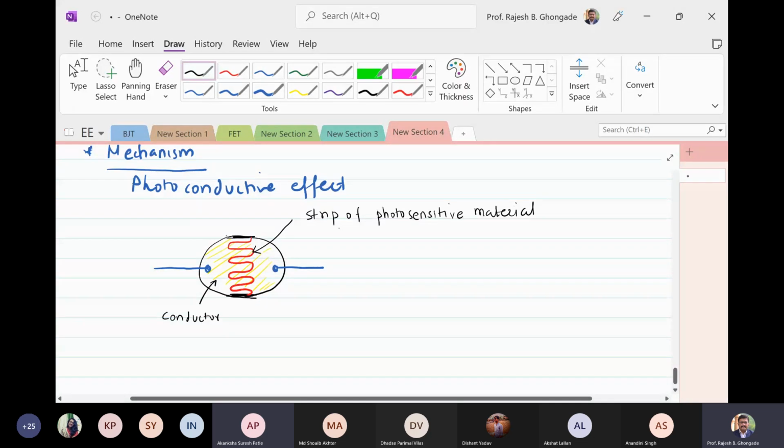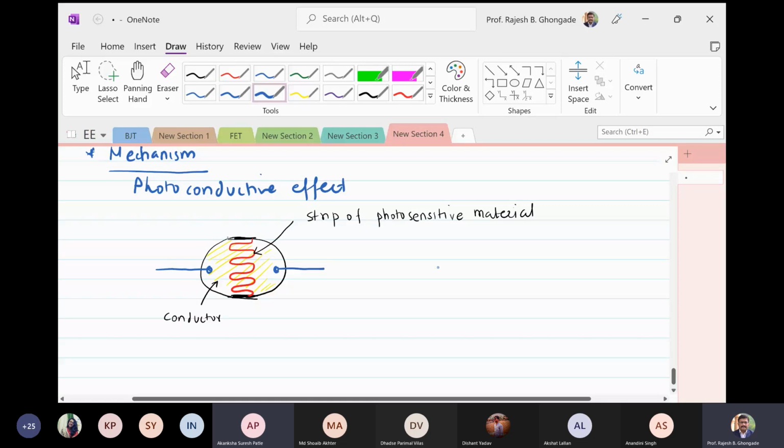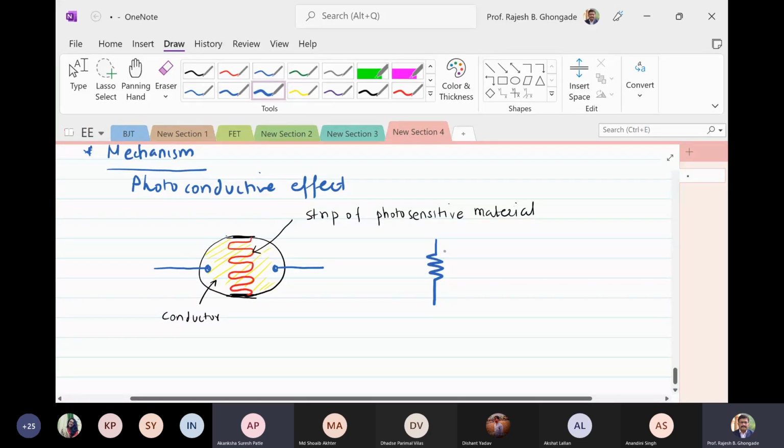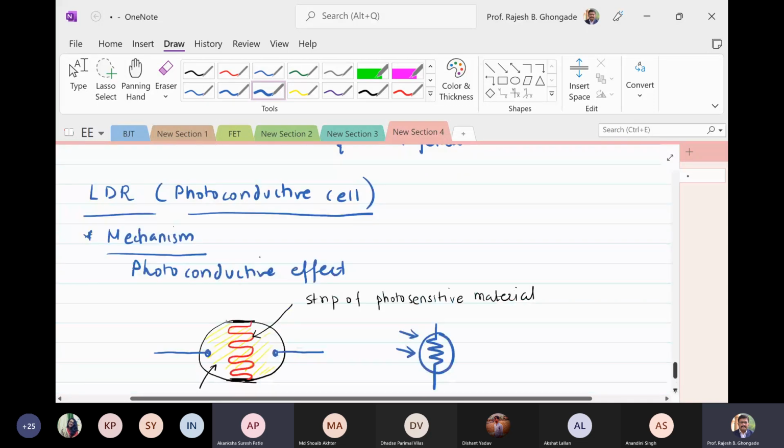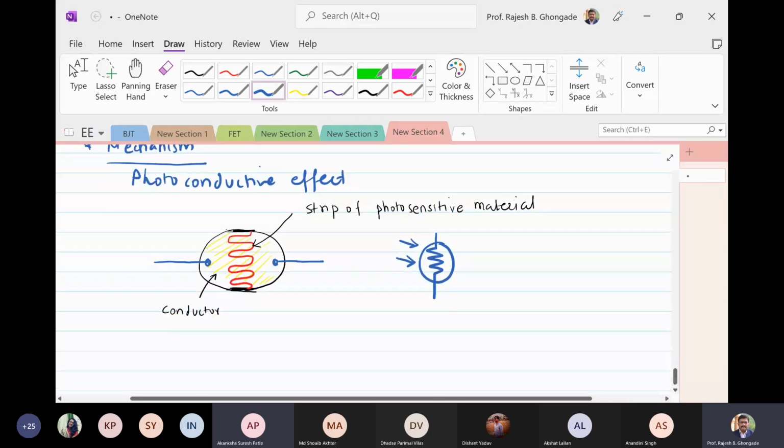Now, if you look at it, it's a resistance essentially, but it is dependent on light. You look at the direction of the arrows. This is the construction. The material: what material is used?